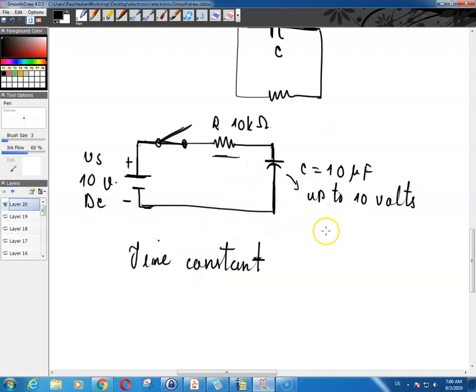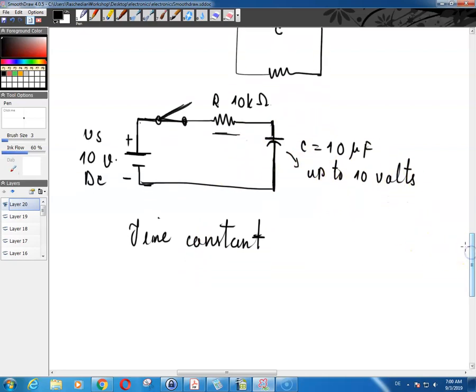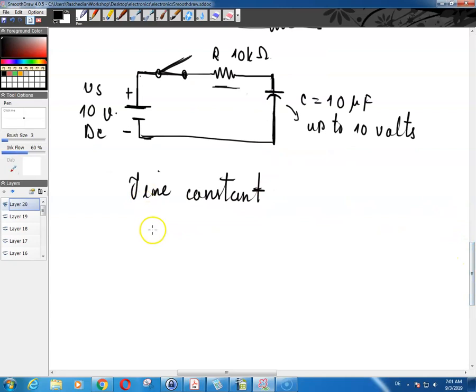An application of this would be, for example, back 20 years ago or so, the flash part of a camera that was installed on top of a camera.